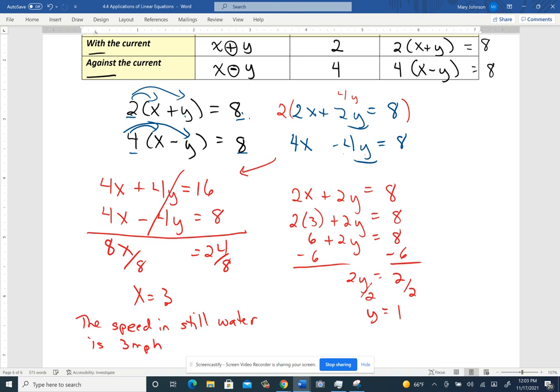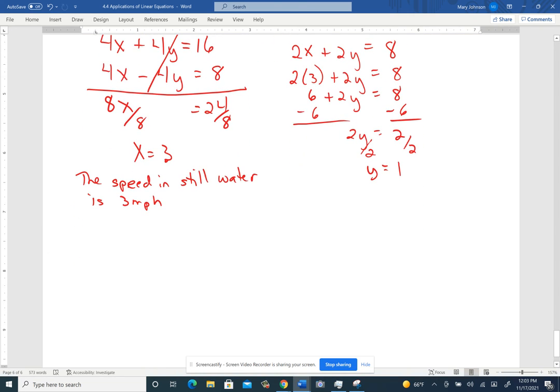So that's like how fast the kayaker travels that's due to the kayaker himself. Okay. The speed of the current is 1 mile per hour. Okay, so that's how fast the water itself is moving.